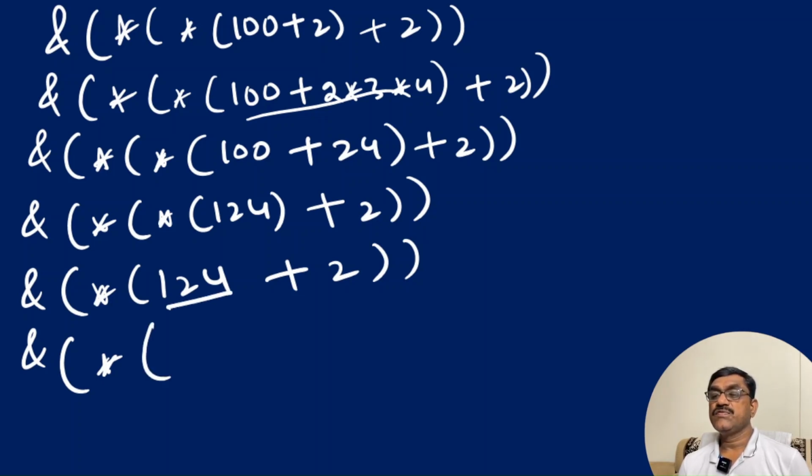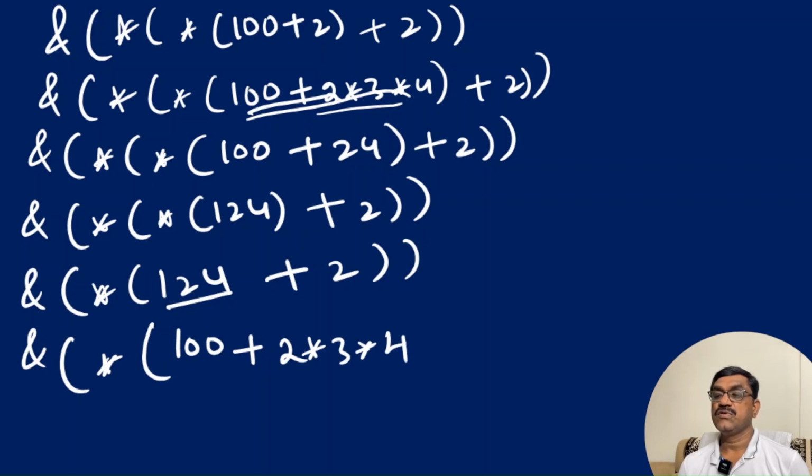Here, this 124, what I'm going to do is keep the same thing like this. That means 100 plus 2 into 3 into 4. I'm writing this 124 the same way. Plus, this 2, I can write as 2 into 4, right? Try to understand this. Now, this will get cancelled.